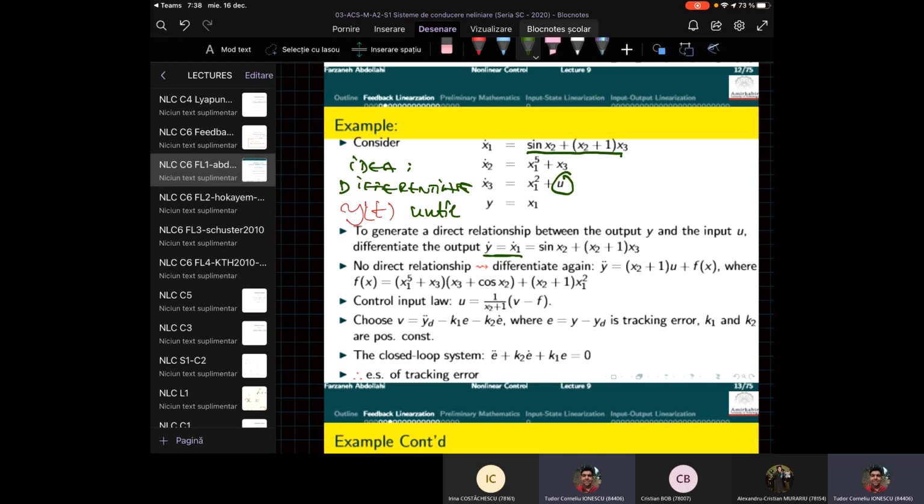When do you stop differentiating the output? So you do y dot, y double dot, until we reach y triple dot, or until we reach a constant?